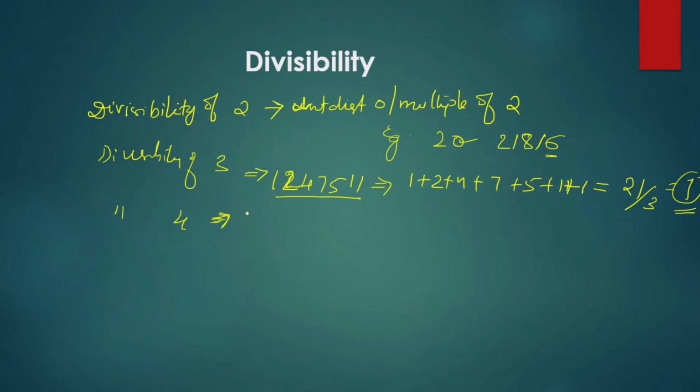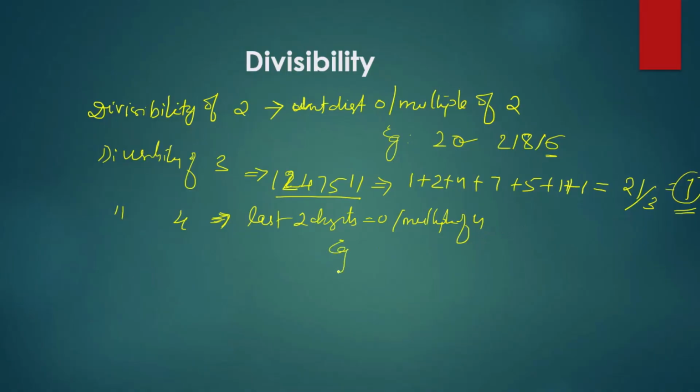And divisibility of 4. Divisibility of 4 means if the last two digits are 0 or a multiple of 4, then the whole number is also divisible by 4.